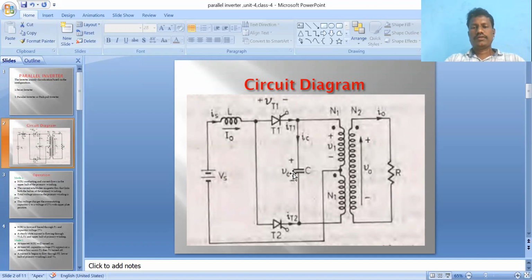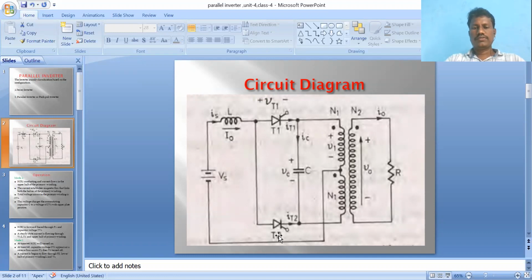Why is it called complementary commutation? Due to the presence of the capacitor, once T1 is turned on, we give firing pulses to T2. Due to the voltage across the capacitor, T1 is commutated.